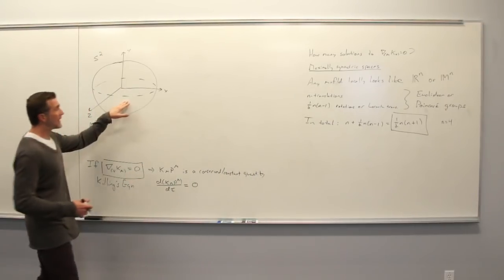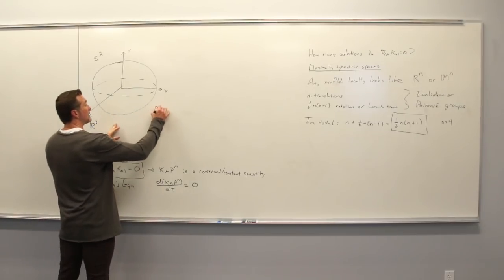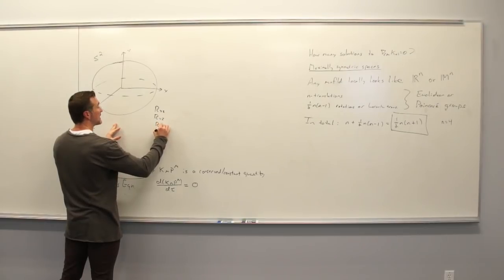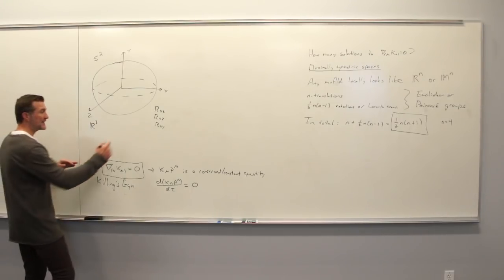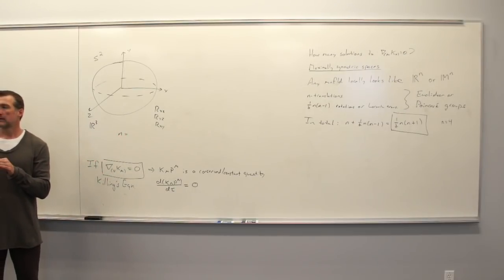Well, just think about it. How many independent rotations of this sphere are there? There are 3. I can rotate in the xz plane, I can rotate in the yz plane, and I can rotate in the xy plane. Okay? Well, now, what is n for the sphere? It's 2.